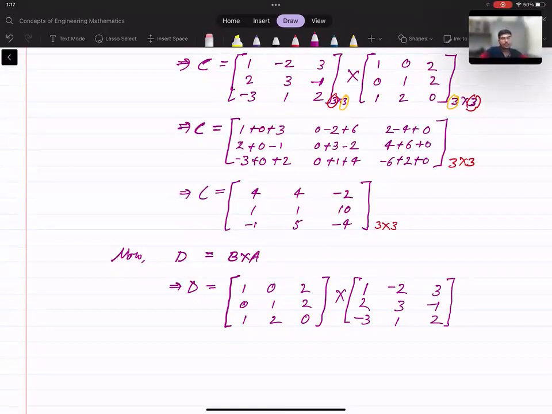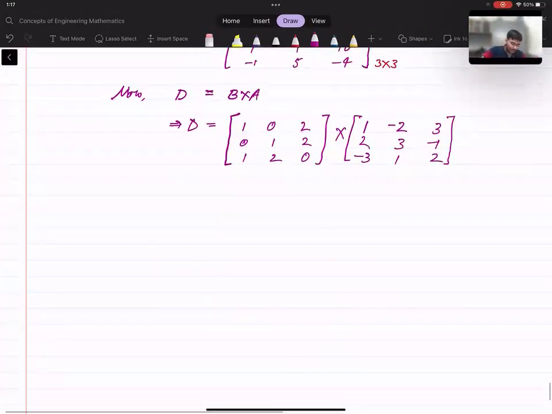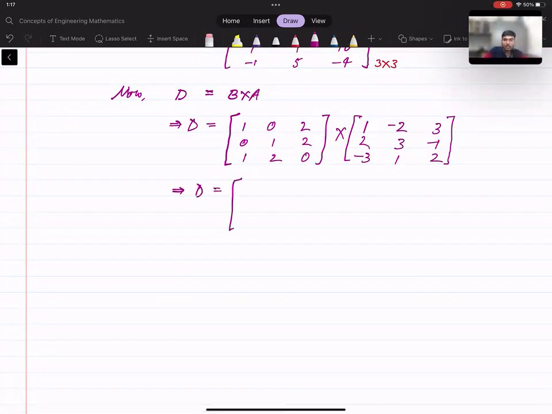So let us find the product again. Okay. So now this time I'll be doing it very quickly. So as we have seen the methodology, so simply first row into first column.